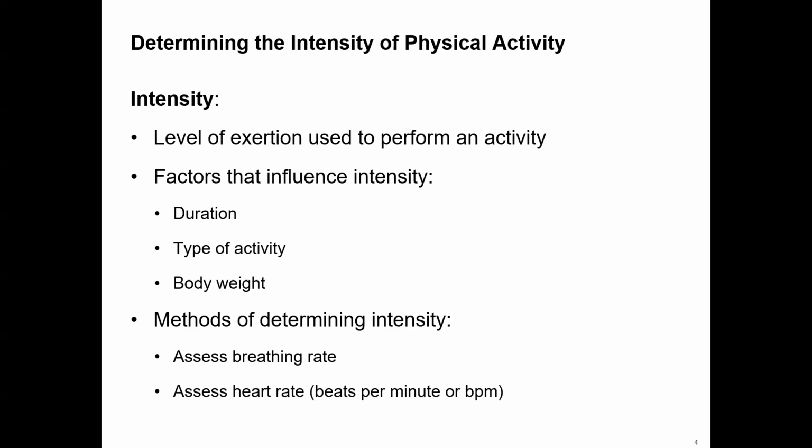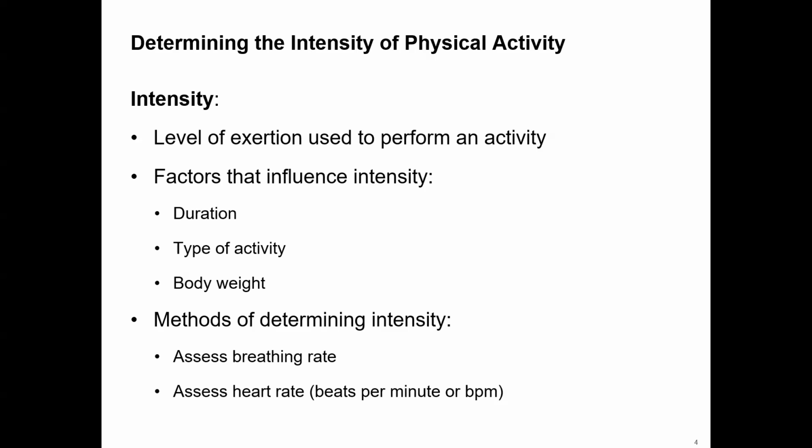And so, the question then becomes, well, how do you define intensity, or how do you know what kind of activity is going to fall into a particular group, whether it's moderate intensity or a vigorous intensity type of exercise? And of course, that word intensity is just looking at, well, how much exertion is needed to do that particular physical activity, to complete that type of exercise or that sport that you may be playing. And so there's lots of things that go into that.